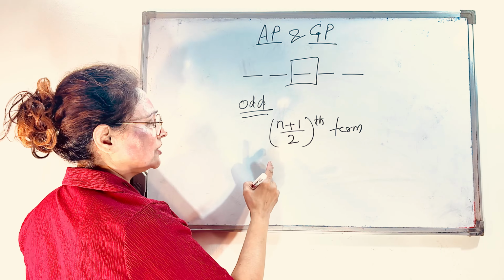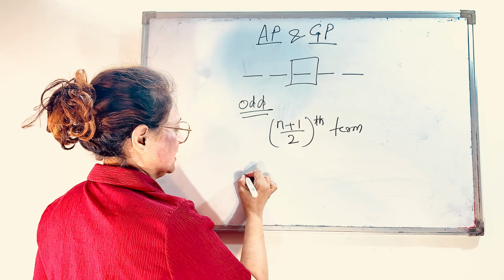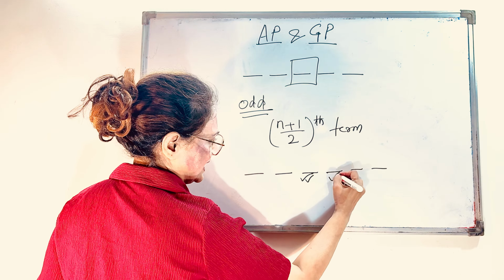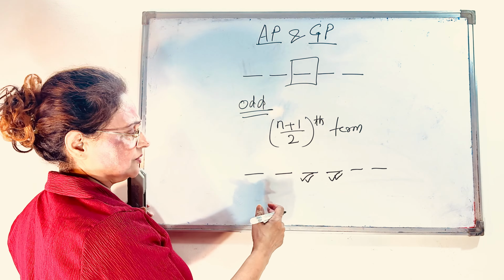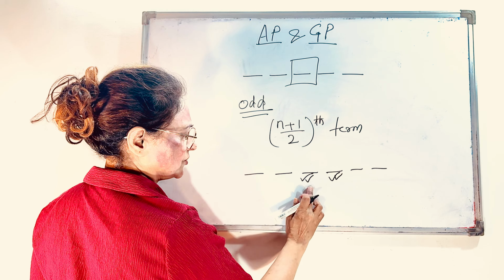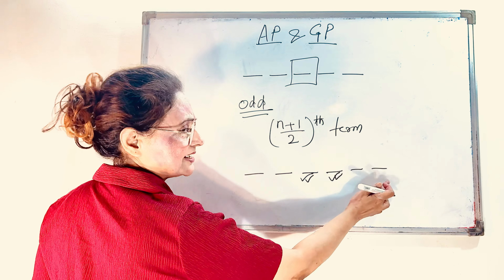And if the number of terms is even, then what happens? Like 1, 2, 3, 4, 5, 6. Then there is no middle term. Then the two middle terms are taken as the middle terms of the series. Suppose there are 6, so 3 and 4. How do we get 3? 6 by 2.